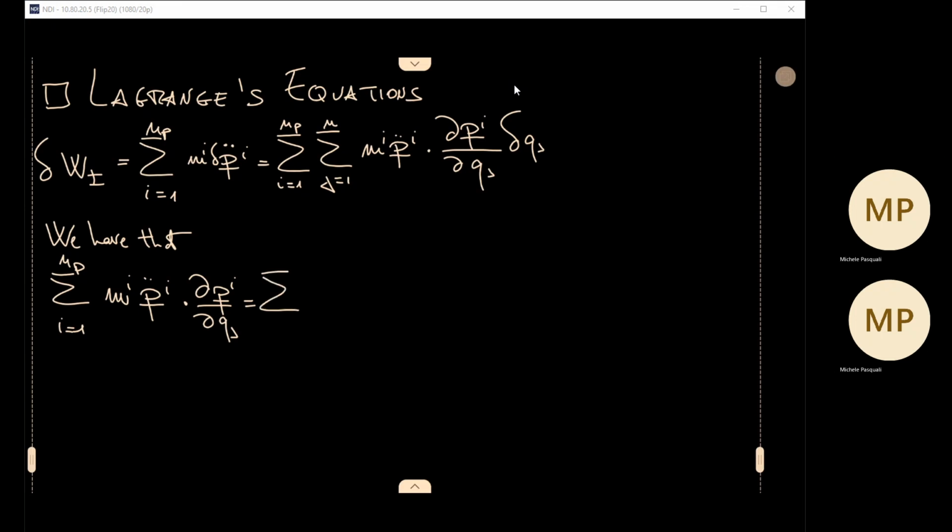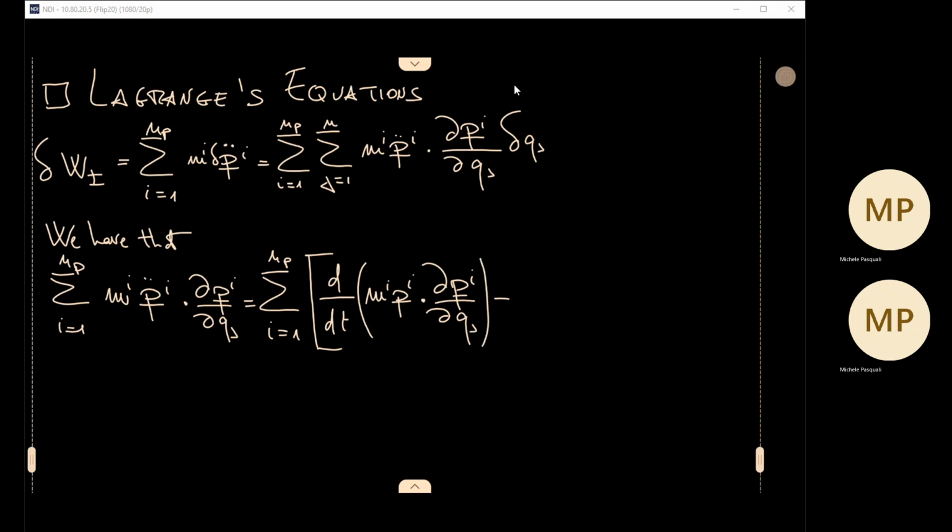It's the sum from i going from 1 to n_p of the following: the total time derivative of m_i p_i dot times the derivative of p_i over q_j, minus m_i p_i dot, scalar product, d/dt of the derivative of p_i over q_j.